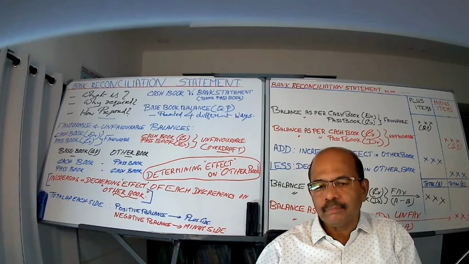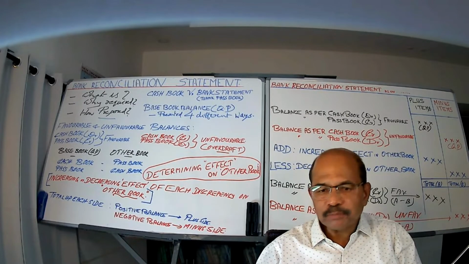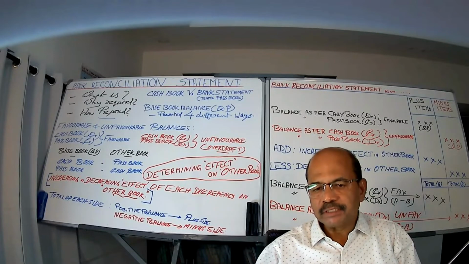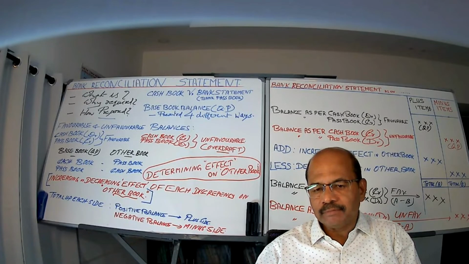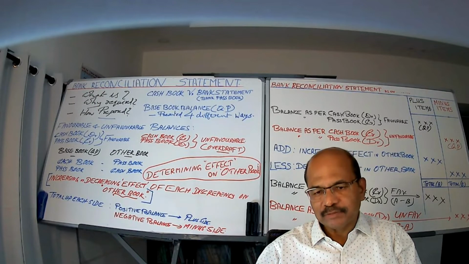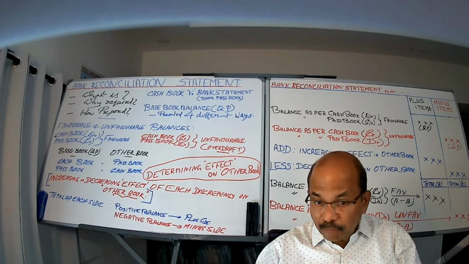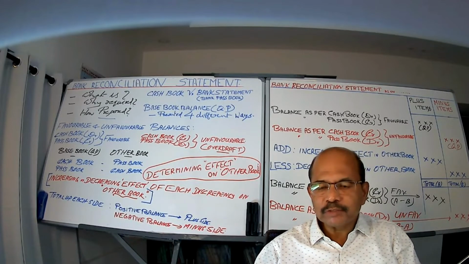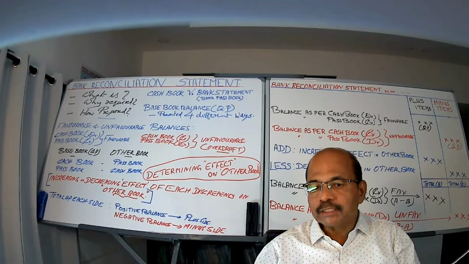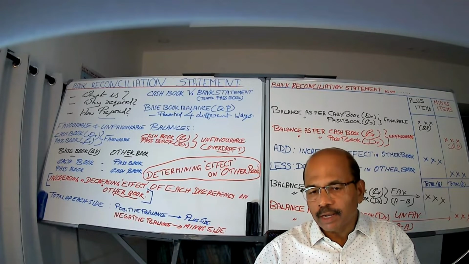I have been given the balance as per cash book. Naturally, the other book is the balance as per pass book. Discrepancy number 1: a check deposited for 25,000 is not shown in the pass book. Let me assume that a favorable balance of 1 lakh each was there in the cash book as well as the pass book before this transaction. The moment the check is deposited, the cash book balance will shoot up to 1,25,000, whereas the pass book balance is still 1 lakh only.